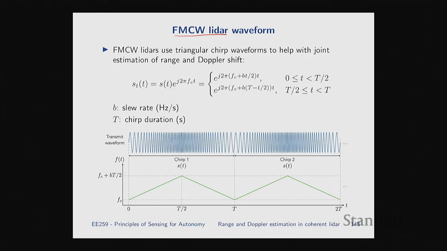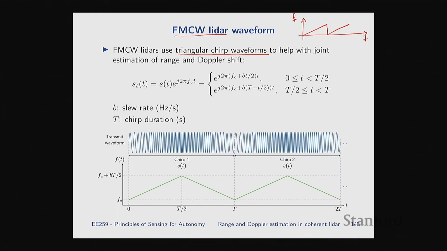In the case of radar, if you remember, the chirps that were transmitted had these sawtooth-like patterns in terms of instantaneous frequency versus time. It would ramp up, then drop back to the start point and go again. Now for LiDAR, what you can do is transmit triangular chirp waveforms. Within one chirp duration, you first ramp up your frequency linearly and then ramp it down.